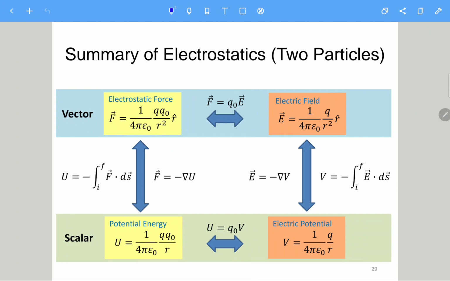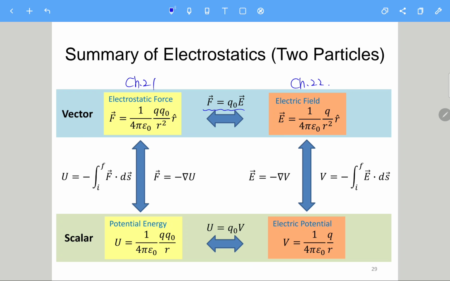They can be linked like this. We have the electrostatic force in chapter 21, linked by F equals Q0E, so that we can get the electric field in chapter 22.